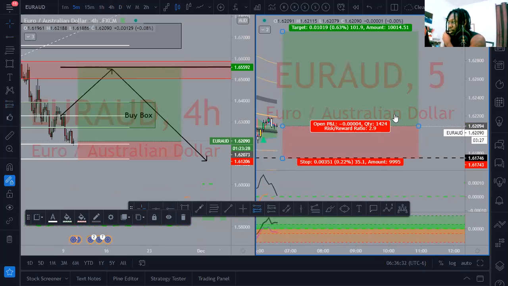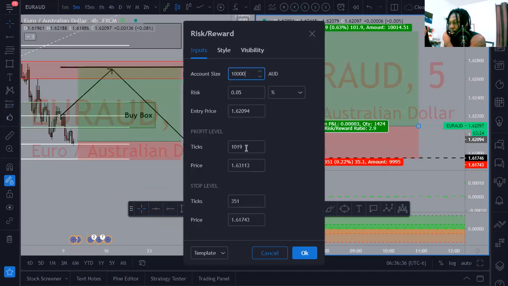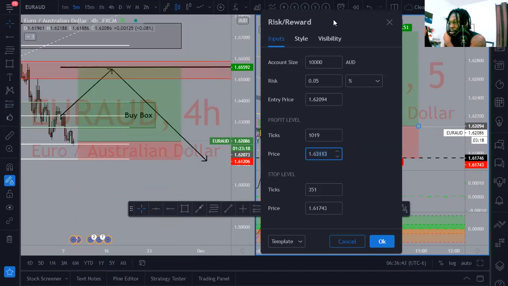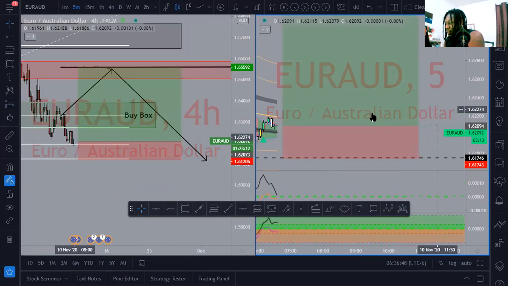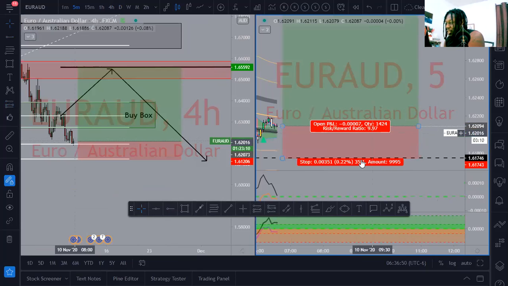So I'll even do that. Profit 1.65592. If you want to use that 5-minute time frame, the risk to reward is a 1 to 9. You're risking 35 pips to gain 997. Which that doesn't even actually look like a bad move.